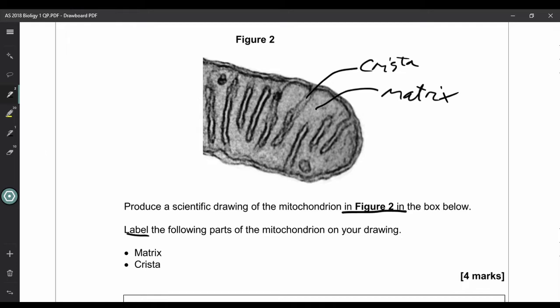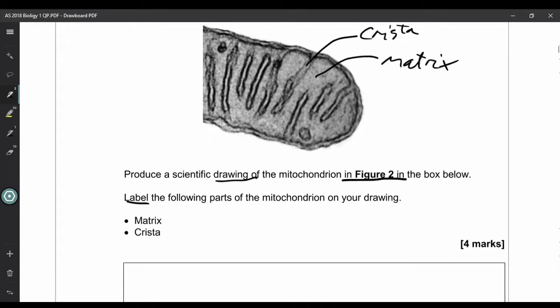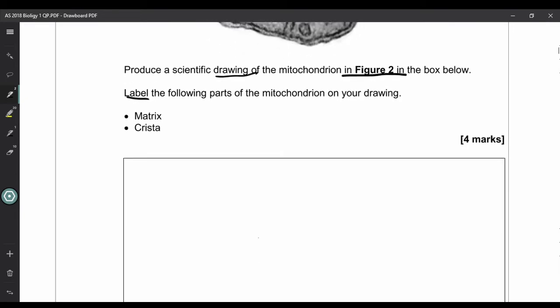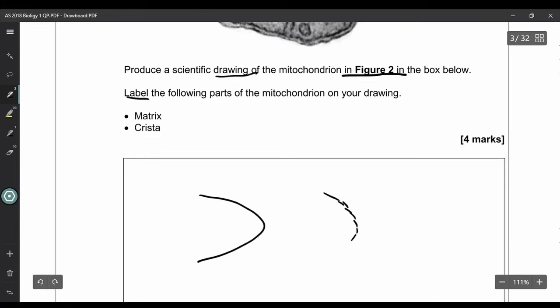Also, it asks for a drawing. A lot of students lost marks because they produced a sketch. So if it was a drawing, you want to draw something like that in a single line, where sketch, people are doing this. You're not going to get the mark if you do a sketch. It has to be a drawing.